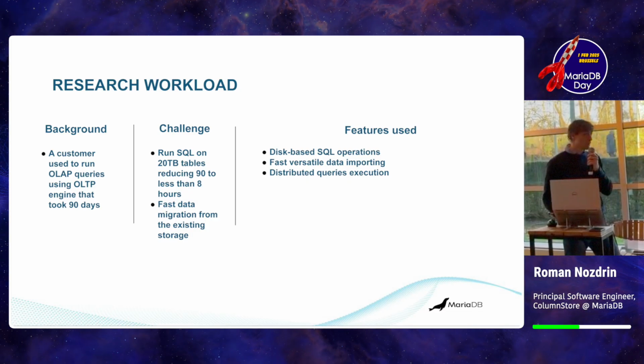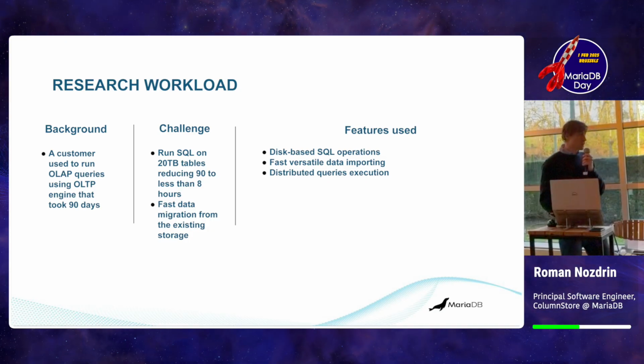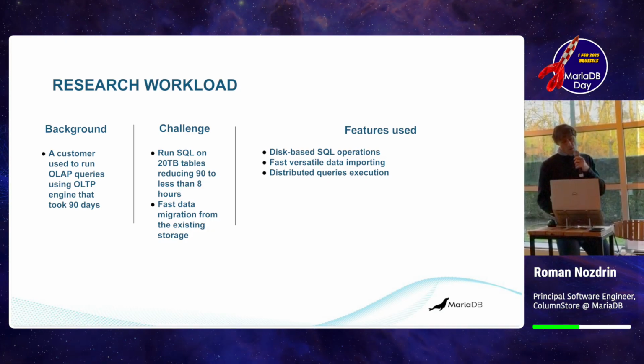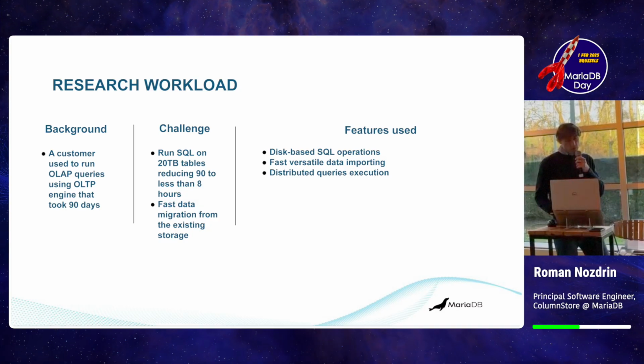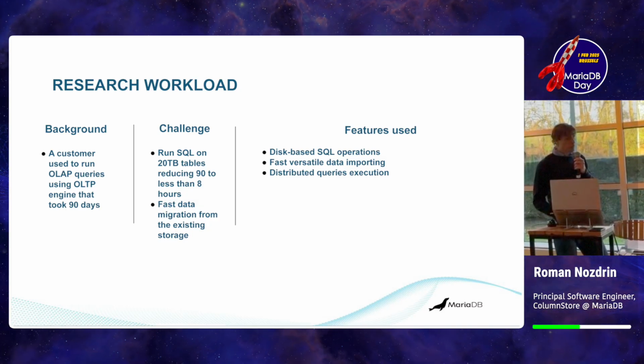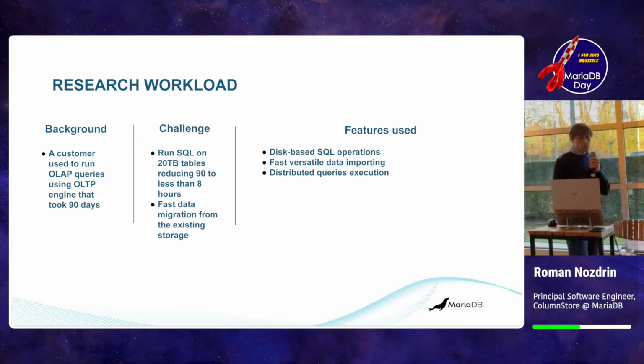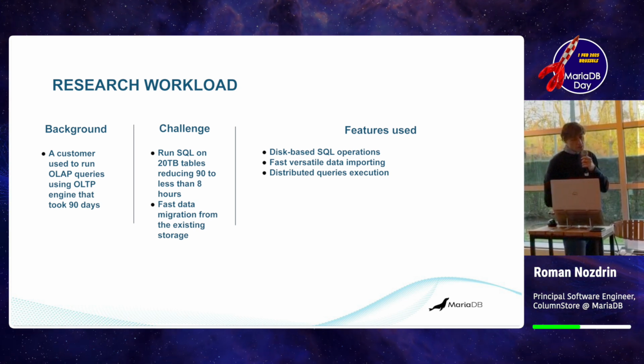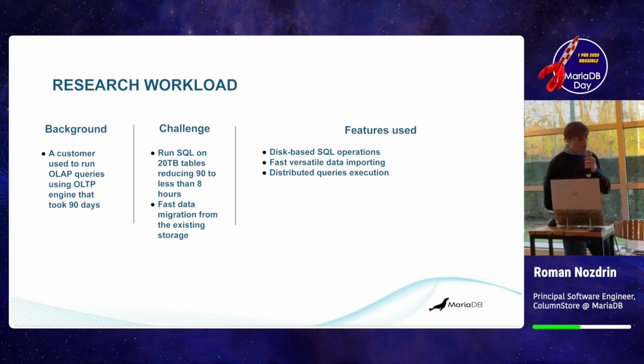They are doing better now with better hardware. The challenge was the size of the single table they were using for their research operations, and they needed to migrate the data as fast as possible.